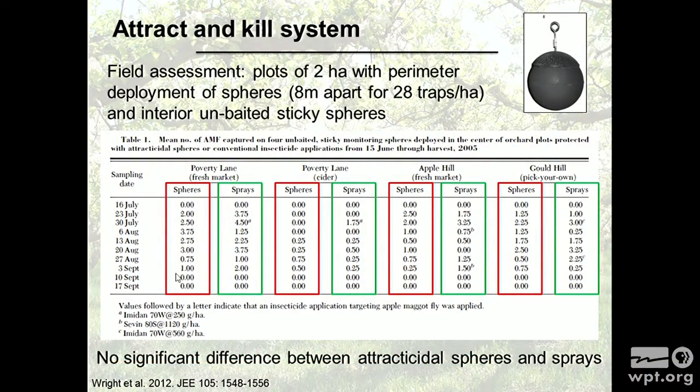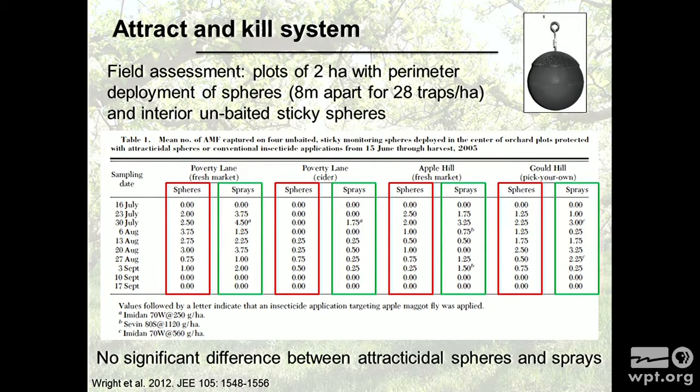And what they're looking at here is the mean number of apple maggot that are caught on those interior traps that are not treated, that are just red sticky spheres to check the population levels. And at none of the times did they, so they reached the 2 flies per sphere threshold for spraying there.